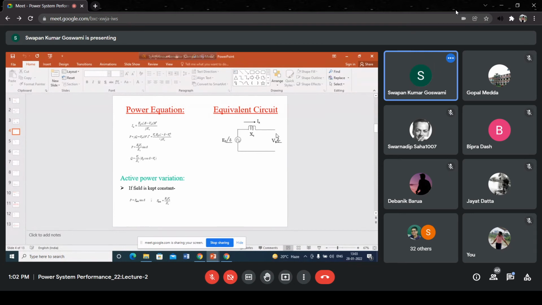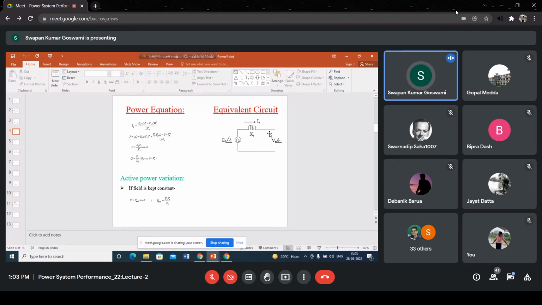Note that the expression we have developed here of power P plus jQ, we are talking about the power delivered by the machine. Both the active power is being delivered and the reactive power also is being delivered. So P positive means power is being delivered by the machine.